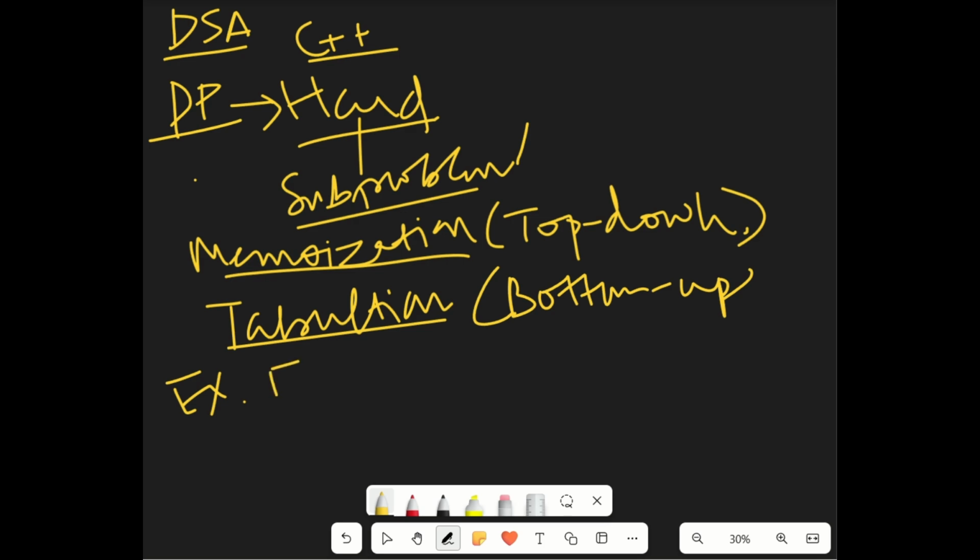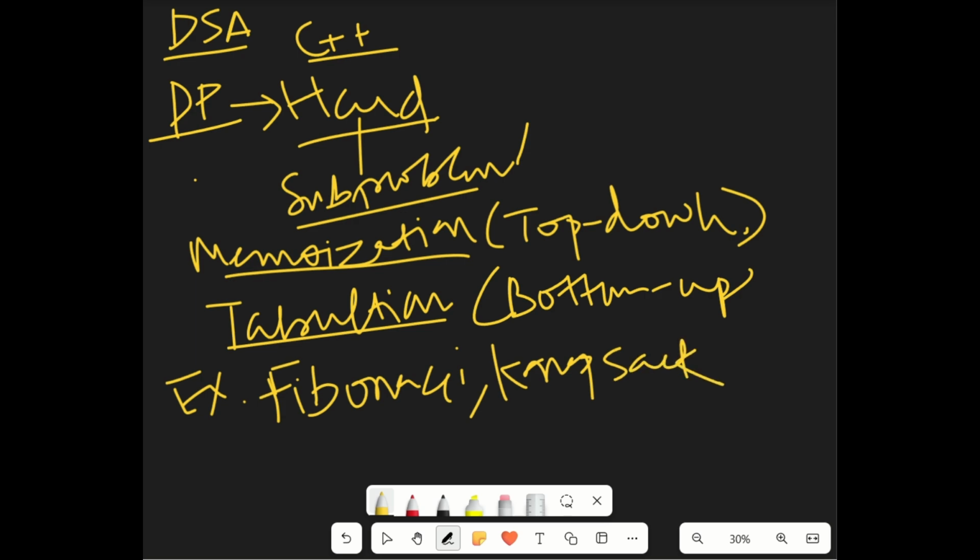Examples are Fibonacci problems, knapsack, and the longest common subsequence.